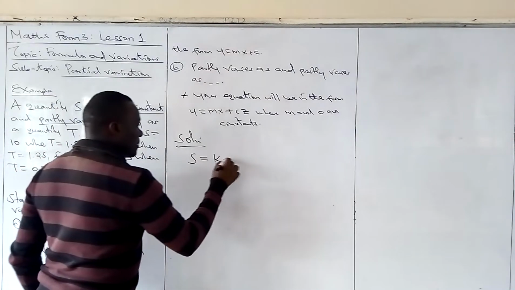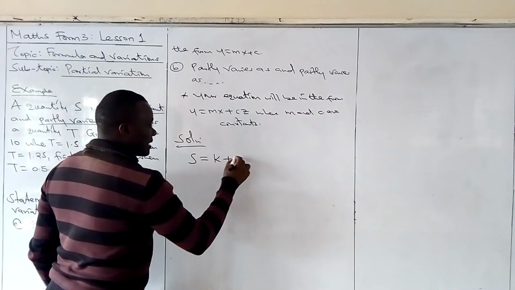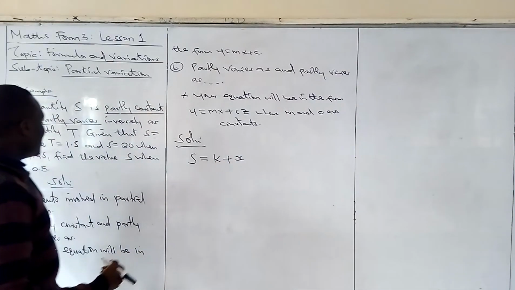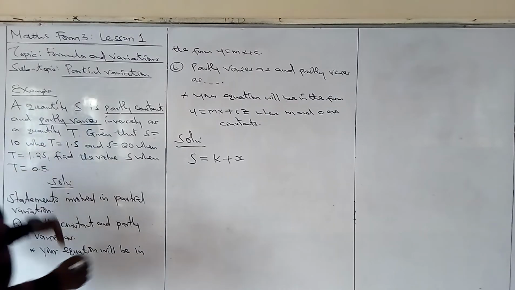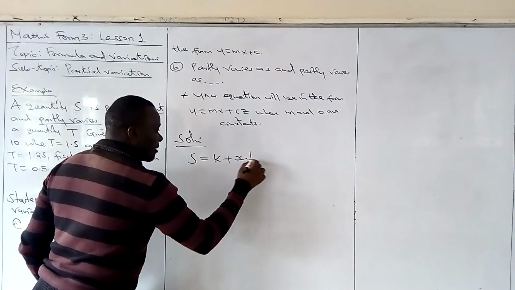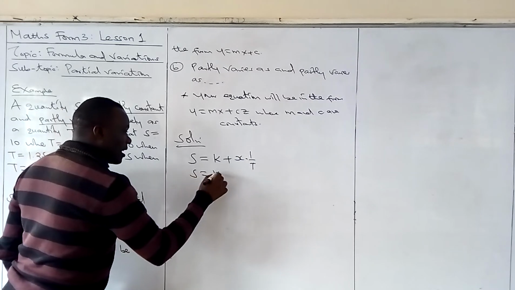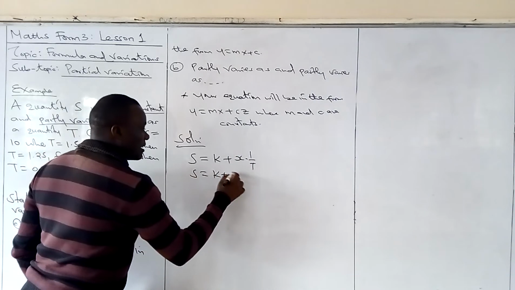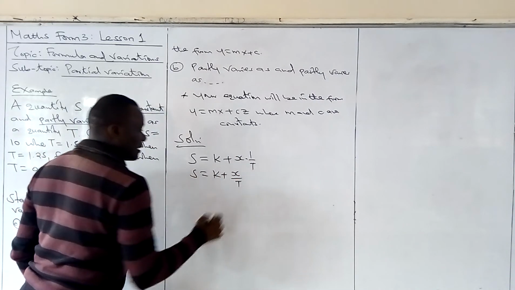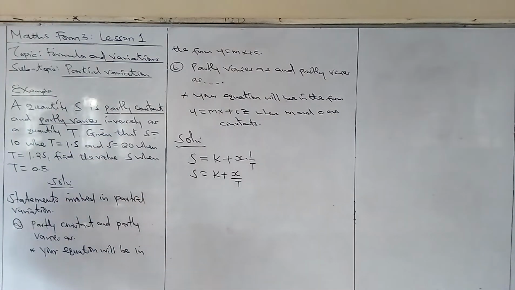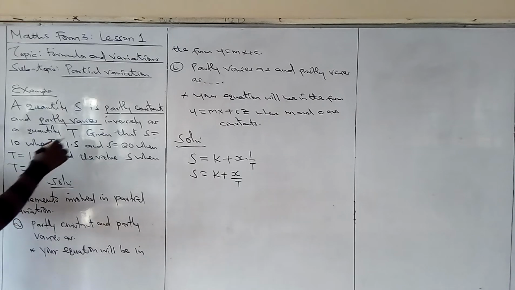So you will now say plus a certain constant, you can even say x, times the inverse of t. So this will give us s is equal to k plus x times 1 over t, which is x over t. So this is the correct mathematical equation representing this statement up to this given point.